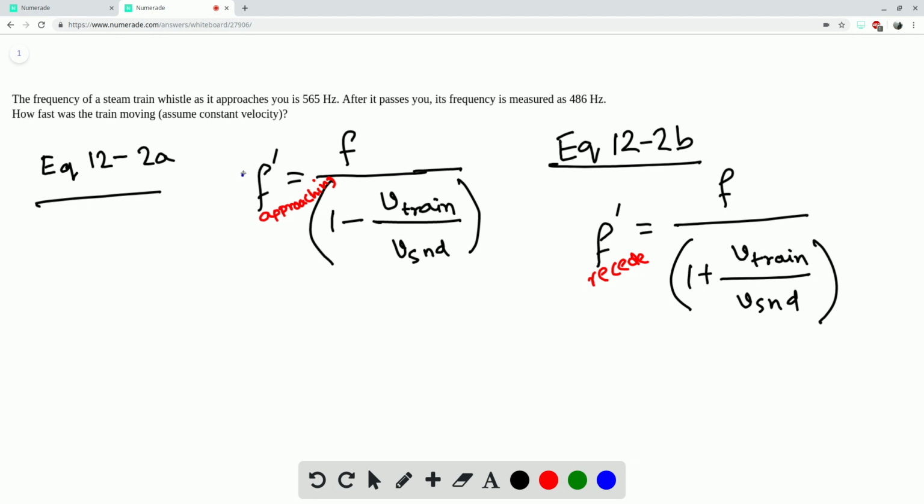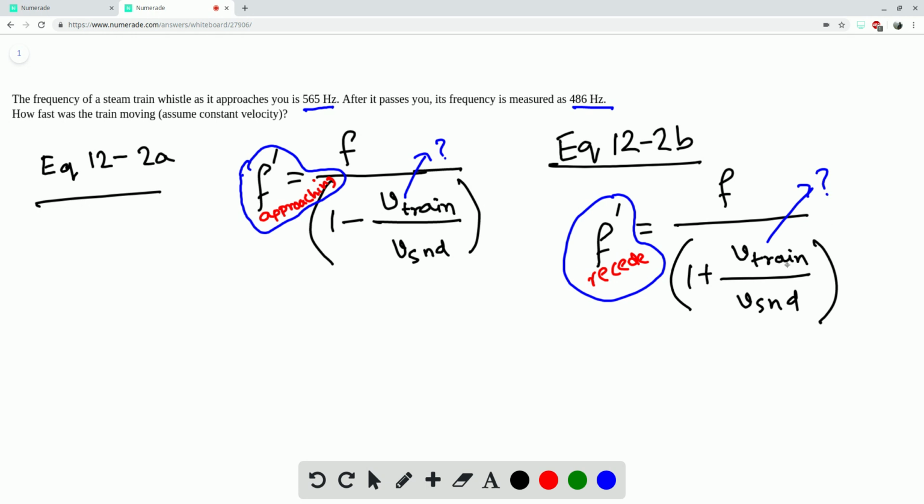So this one right here and this one is given. So approaching frequency is 565 hertz and receding frequency is 486 hertz. So how fast was the train moving? So we need to find out this guy. That's something we don't know.